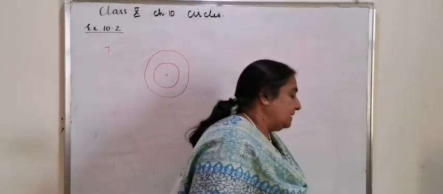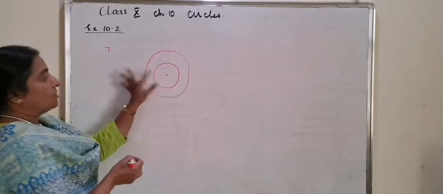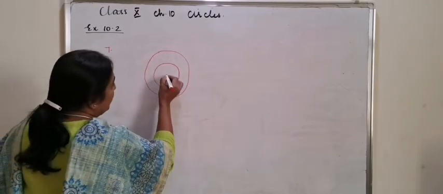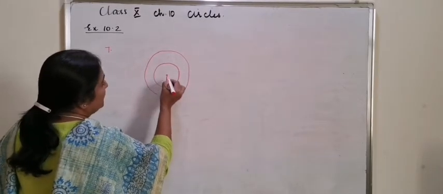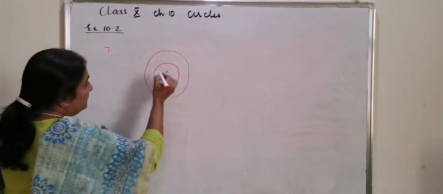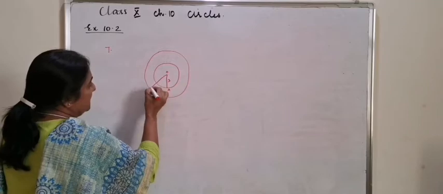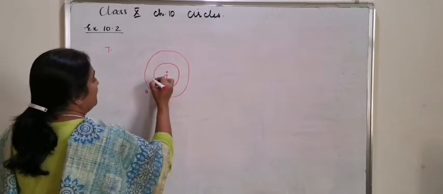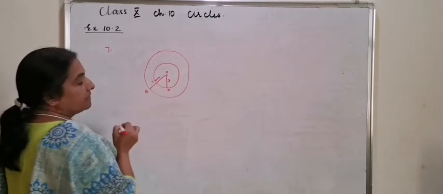So, let the two circles be concentric circles, let the radius of the small circle be 3 centimeter and the radius of the bigger circle be 5 centimeter.